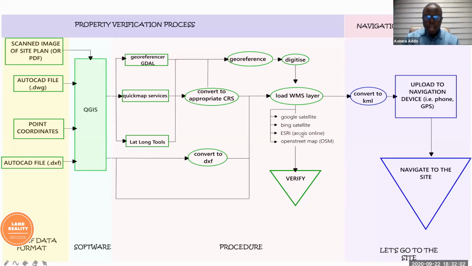So after you load the WMS layer, you'll be able to verify, because you can tell whether the property is near Kaswa or is close to Amomole or is close to Mataiko. You can navigate to the site, you convert it to a KML file, and then you upload it to your device, and then you navigate to the site.